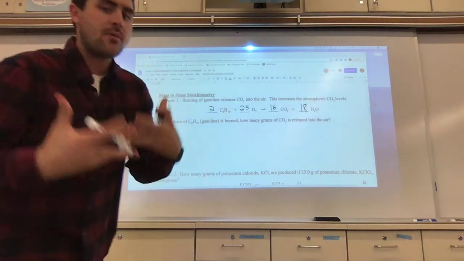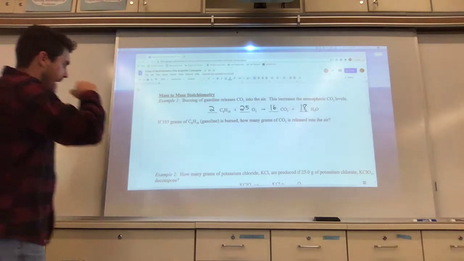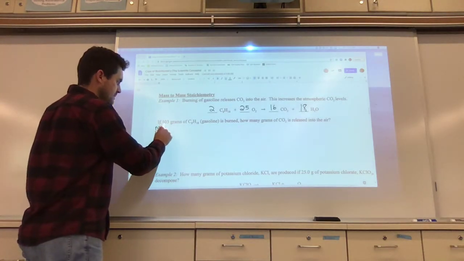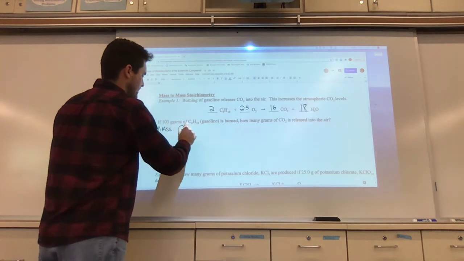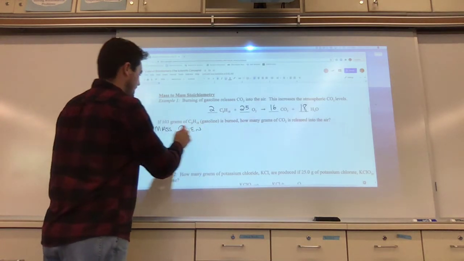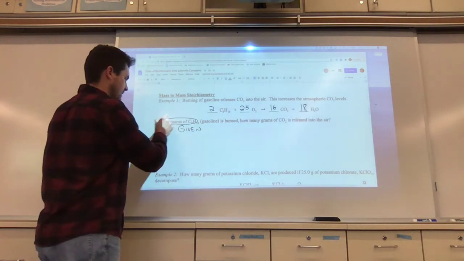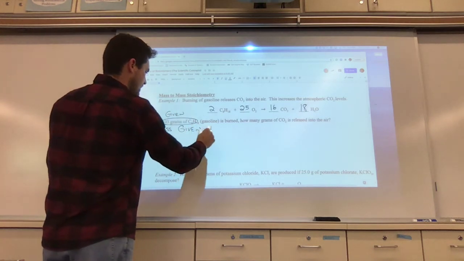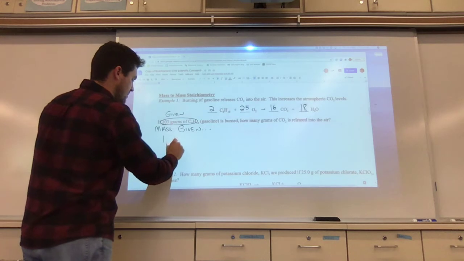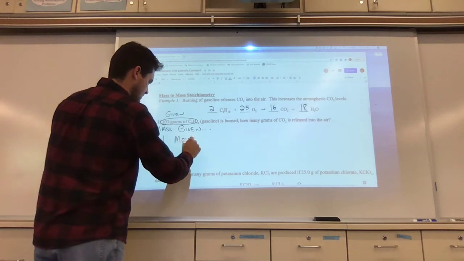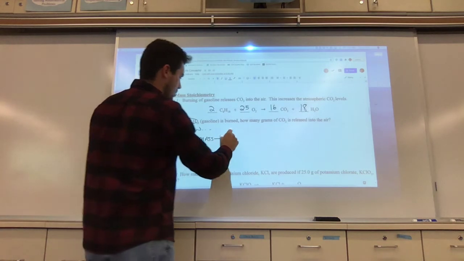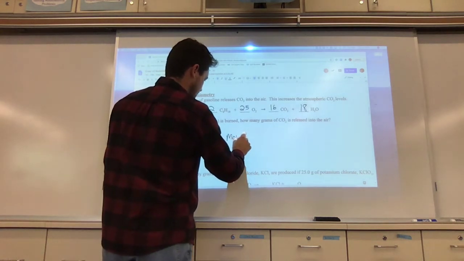Now, if you remember our steps that we went over in class, we said that if we start with the mass of a given sample, and in this case, here is our given, the first step is to use the molar mass to find the moles of that given.